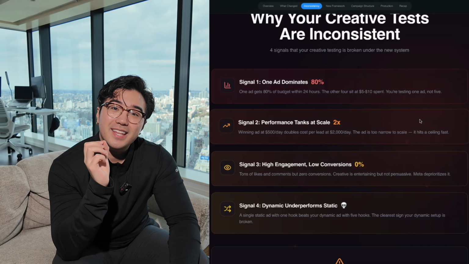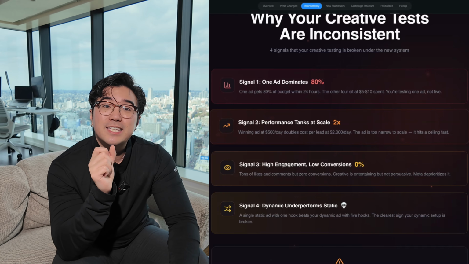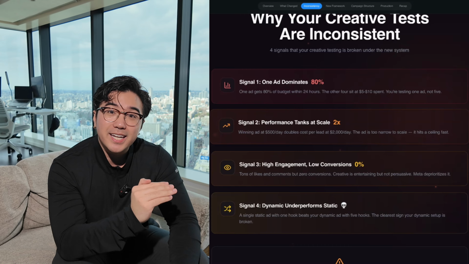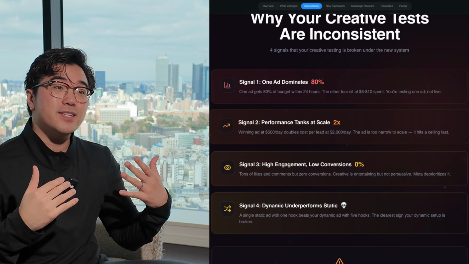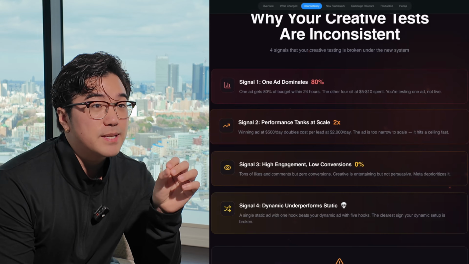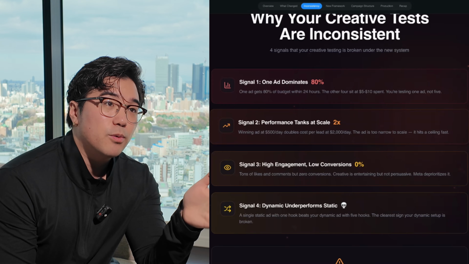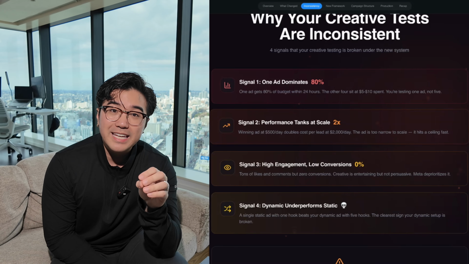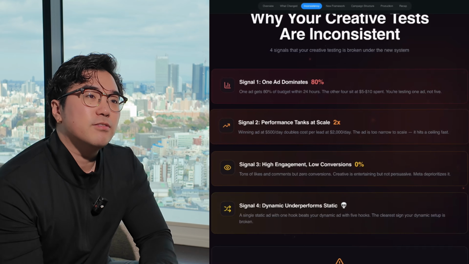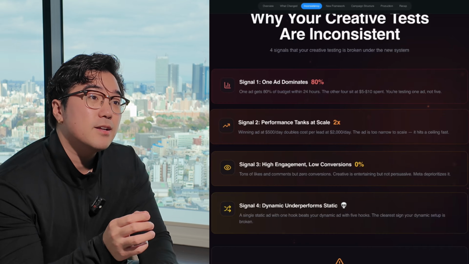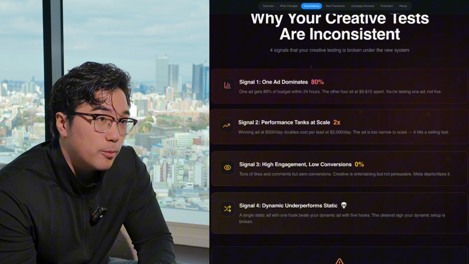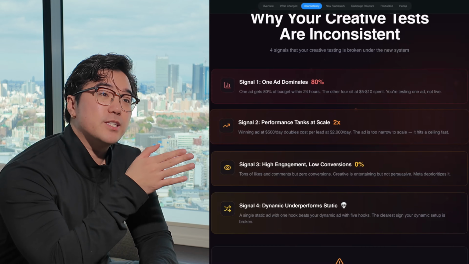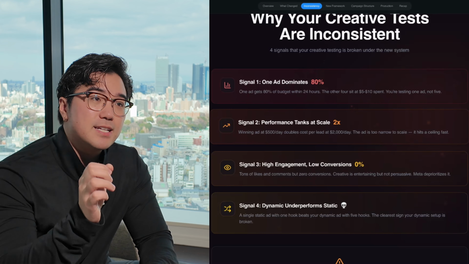What's happening is that ad was working for a specific pocket of the audience, but it's not broad or cohesive enough to scale. Meta's new system is better at matching specific creative to specific people, but that means creative that is narrow hits a ceiling. And instead of letting performance degrade slowly, Meta's system now reallocates budget away from ads that are not performing at scale. So you end up with spiking costs and inconsistent delivery.